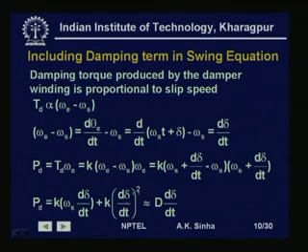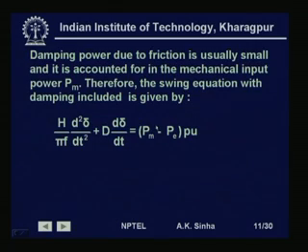So, with P d equal to D d delta by dt, we can now put this damping power in the swing equation of the synchronous machine. In that case, we will get H by pi f d 2 delta by dt 2 plus D d delta by dt is equal to P m minus P e. That is the expression that we will get.